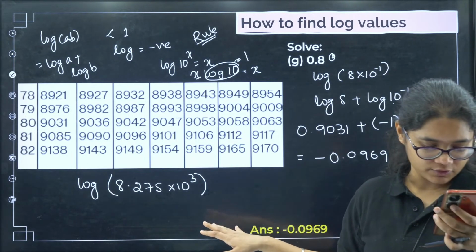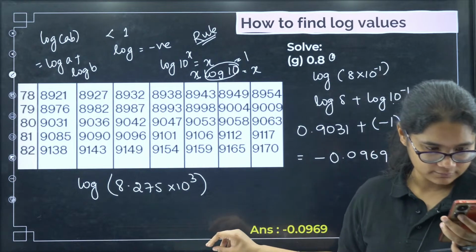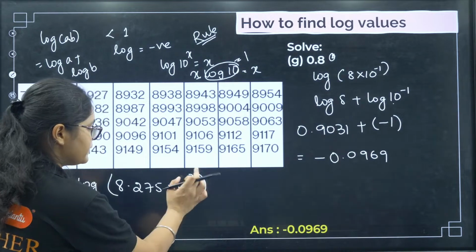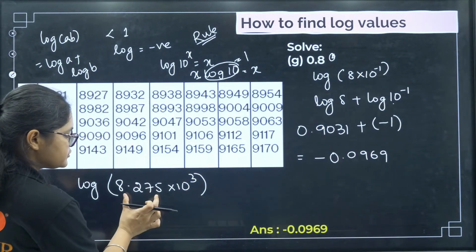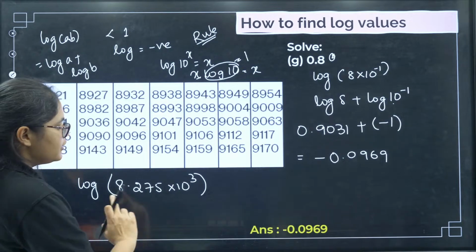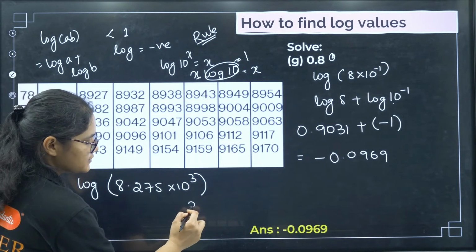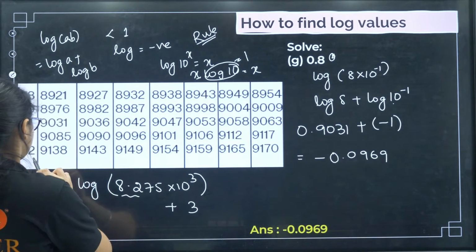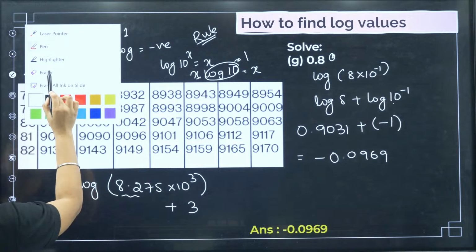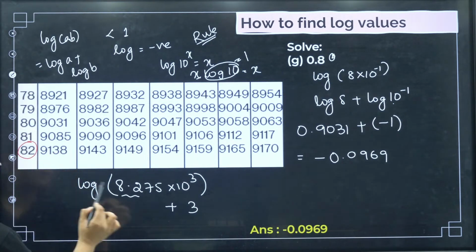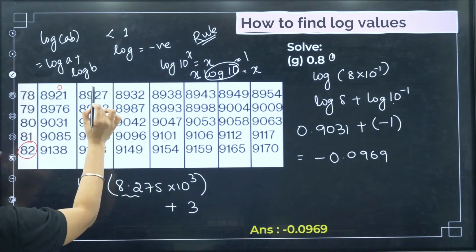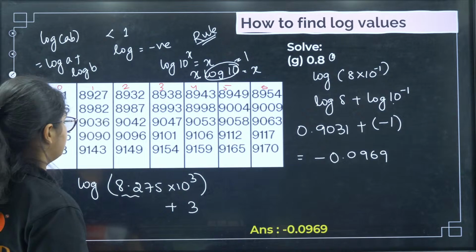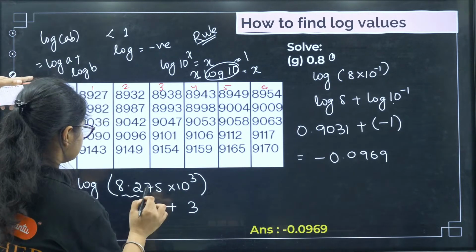Yes, this one all of you solve and tell me. Okay, let us see. When you have it like this, 10 to the power of 3 is there. So that means you have to solve this one separately, this one separately. Log of 10 to the power of x is x, so this one is 3. Plus here I will try first 82. 82 is here. Then I will see 7. Sorry students, let me change the number a bit.